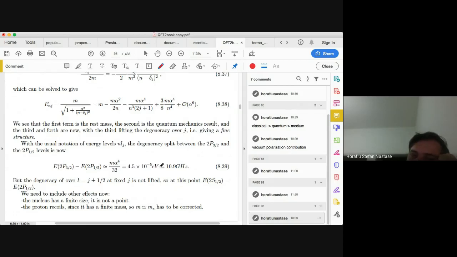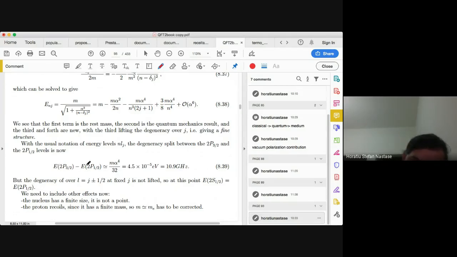But since the energy is also equal to h nu, and nu is expressed in hertz or gigahertz in this particular case.